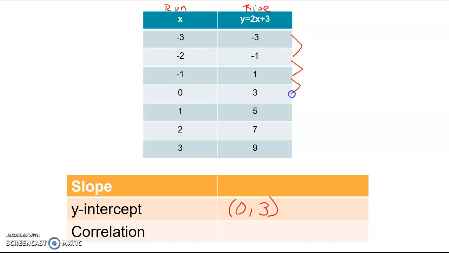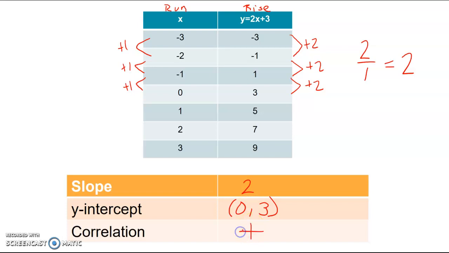Every time I go up 1 or increase by 1 on my x, what's happening on my y? I'm increasing by 2. So my rise is 2, my run is 1. So 2 over 1 equals 2. My slope is 2. Now my correlation, because my slope is positive, my correlation or trend will also be positive.